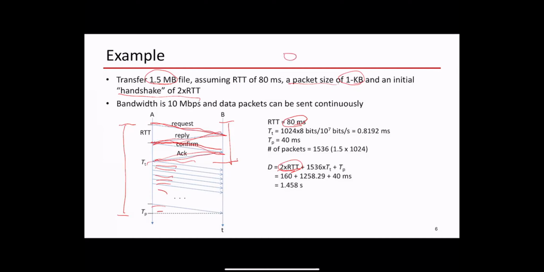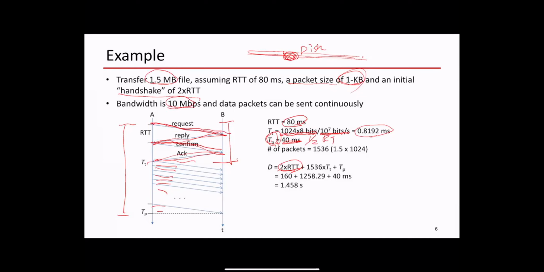Try to remember this dish your baby can handle: 1 kilobyte on a given wire, which is a 10 Mbps wire. A 1 kilobyte dish delivered over 10 Mbps takes 0.8192 milliseconds each time. And the propagation time is 40 milliseconds, because propagation time is actually half of the RTT.